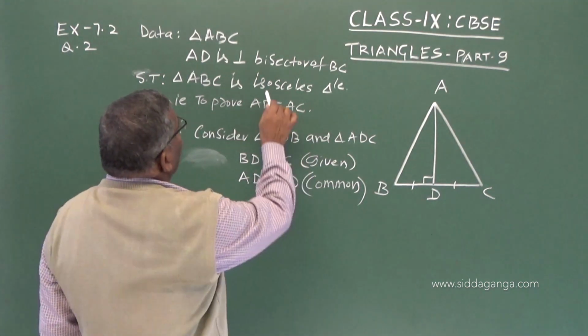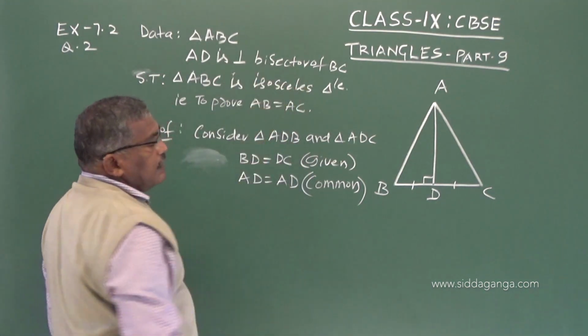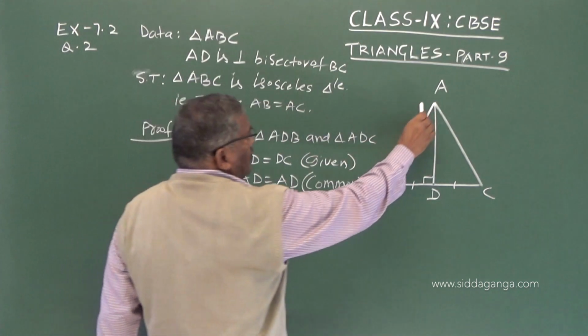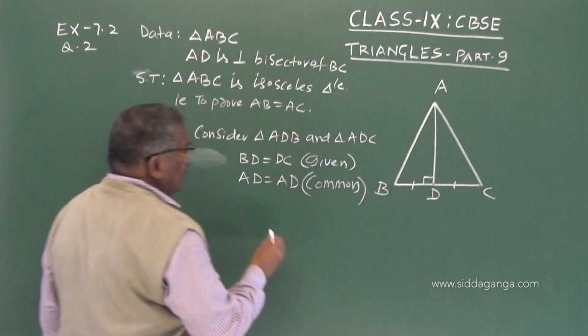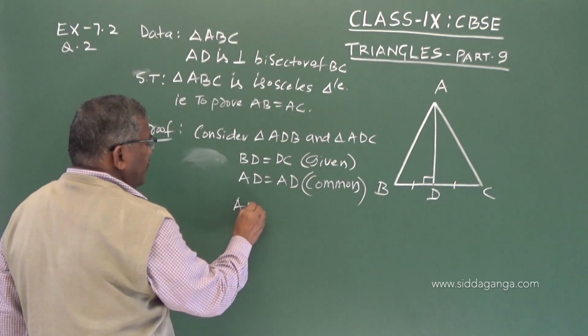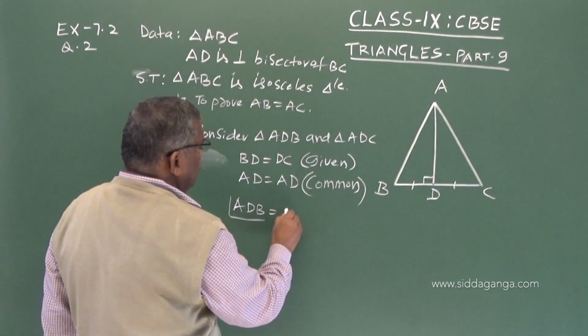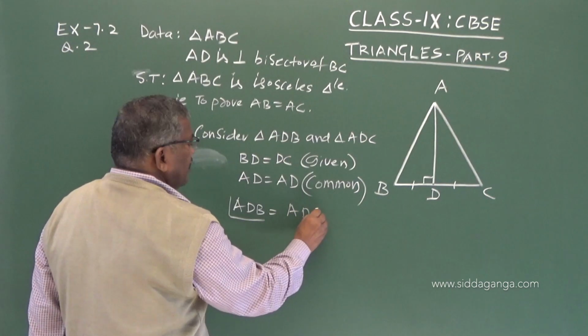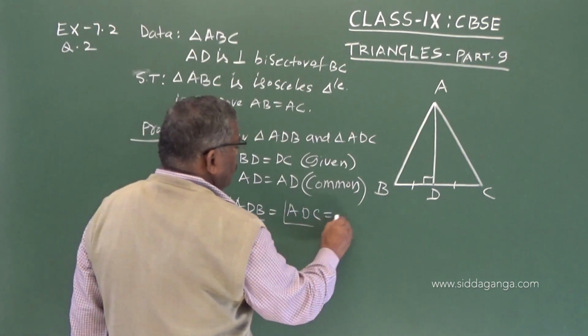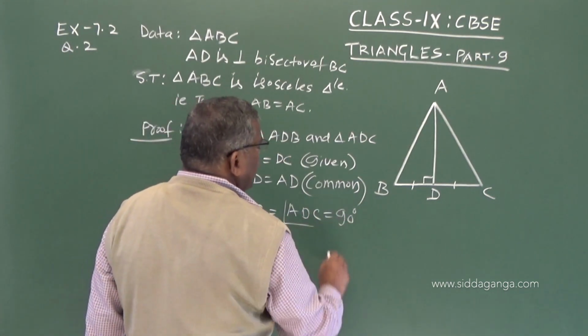Now because it is a perpendicular bisector, angle ADB is equal to angle ADC, both are equal to 90 degrees.